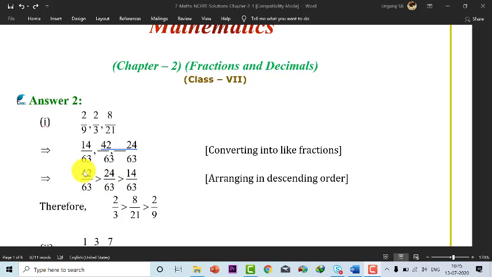Here 42 by 63 corresponds to the given fraction 2 by 3, 24 by 63 corresponds to 8 by 21, and 14 by 63 corresponds to 2 by 9. Therefore 2 by 3 is greater than 8 by 21, which is greater than 2 by 9.